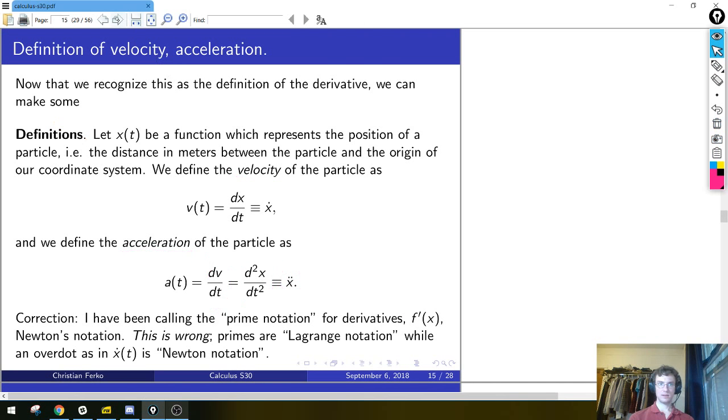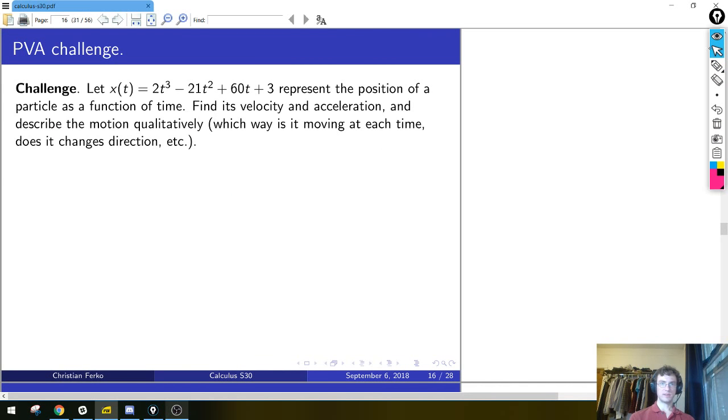Okay. All right, let's do another example. So you'll see that problems about position, velocity, and acceleration are almost identical to problems about analyzing graphs. We're just kind of putting different flavor text. We're just draping different words around the same calculation. So here I've just written down another cubic, but now it's a cubic in the variable t, so a function of time.